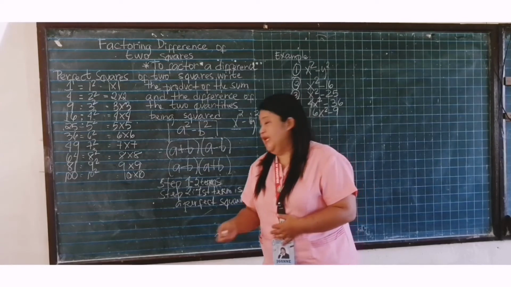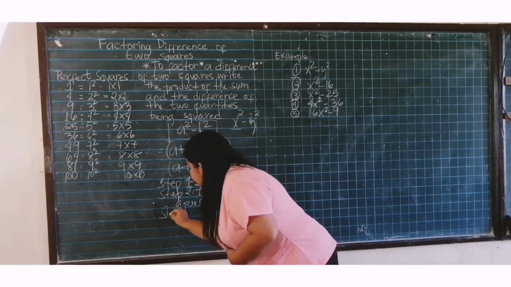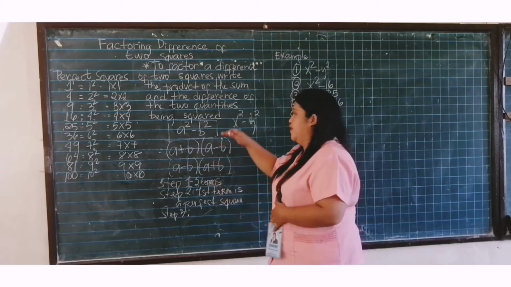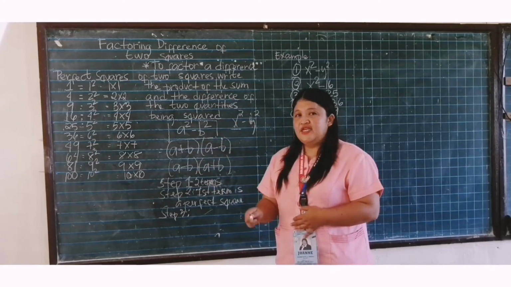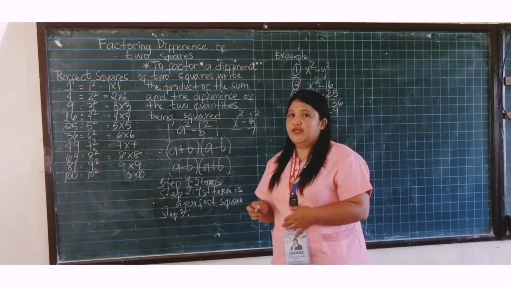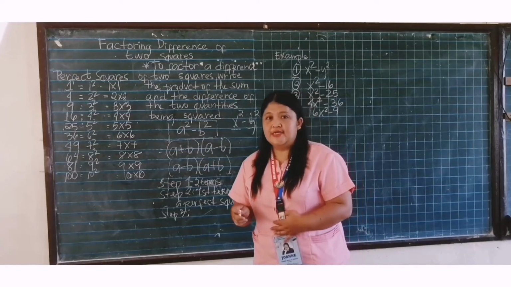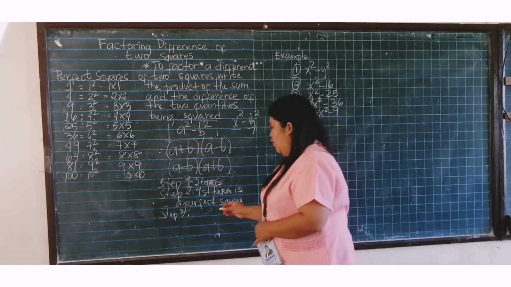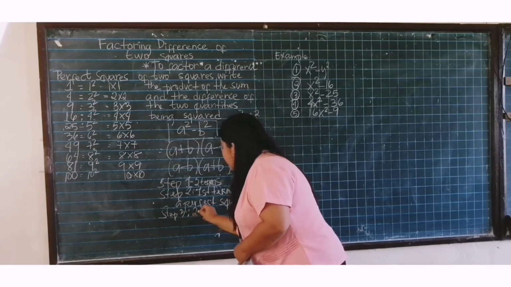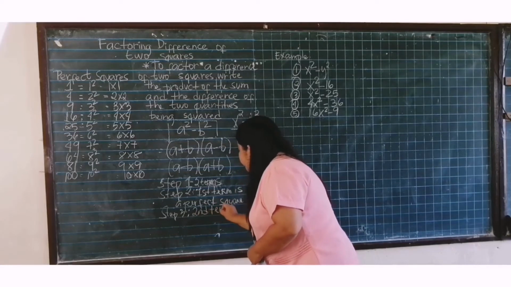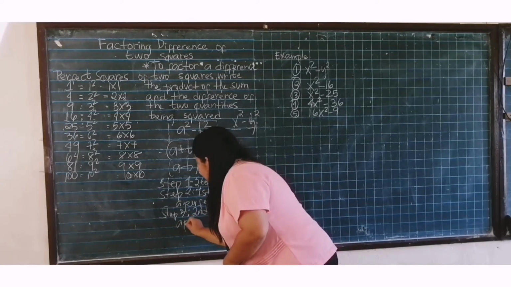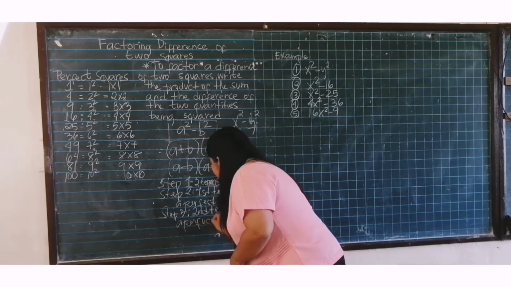Next, for step 3, we must look again at the terms given. The second term must also be a perfect square. Is y squared a perfect square? Yes, it is a perfect square. So, let us write here, second term is a perfect square.